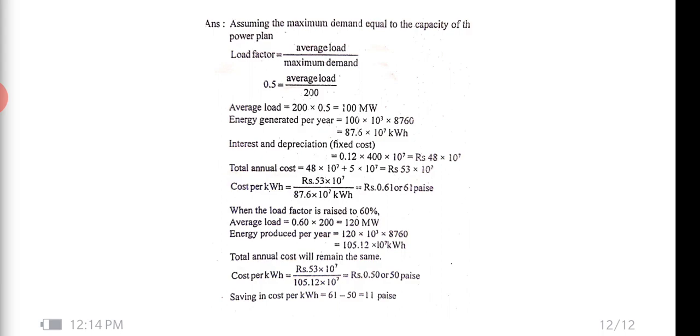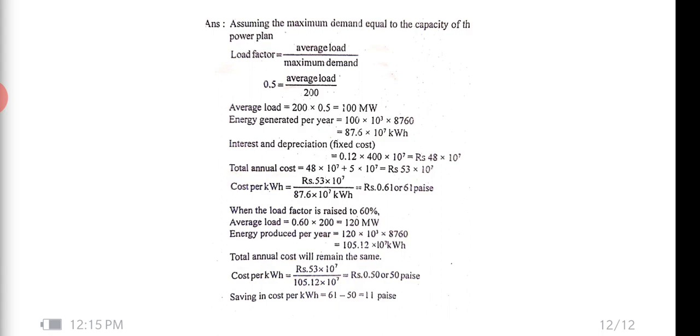Now the annual cost of fuel, salaries and taxation is given as 5 crores. So that also I have to add to the total cost. So the total annual cost is 48 crores plus 5 crores, that is 53 crores. I will write it as rupees 53 into 10 raised to 7.